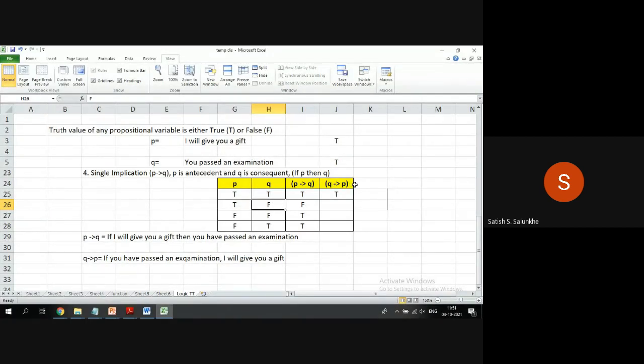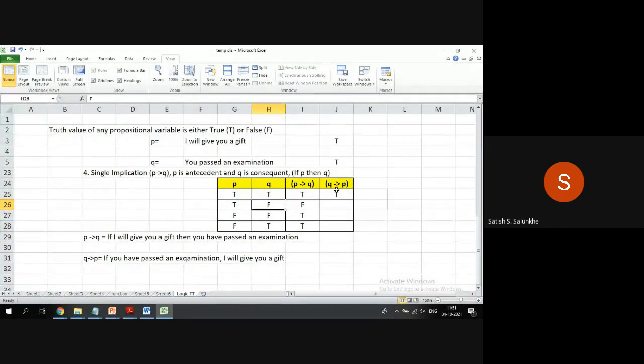What is Q implies P? If you have passed an examination, I will give you a gift. What is my promise? If you pass the examination, I will give you a gift. My promise will get violated only when you pass the examination and I am not giving you a gift. Otherwise, you have passed the examination and I am giving you a gift.